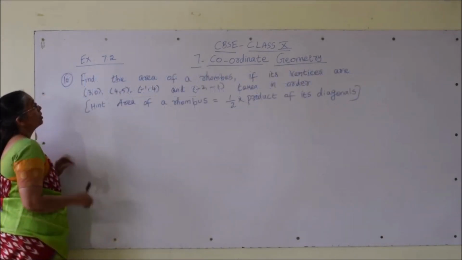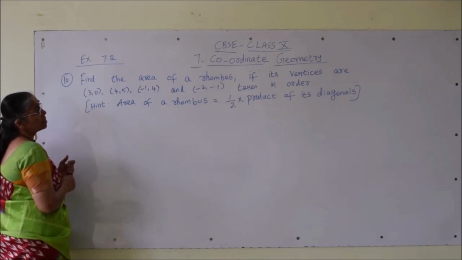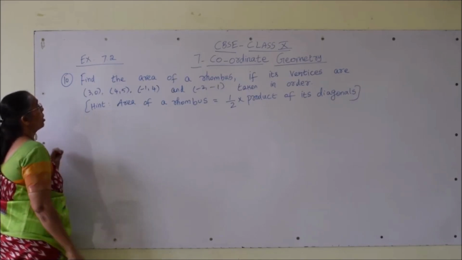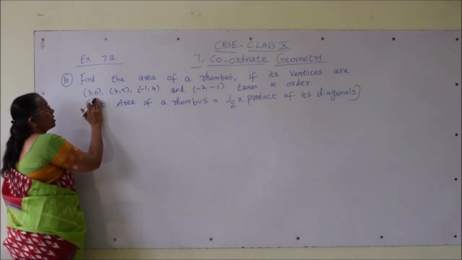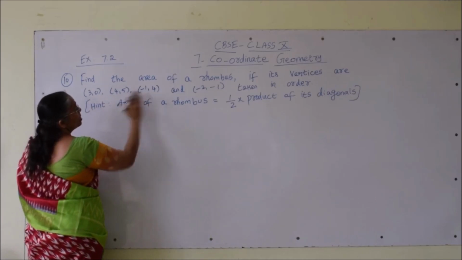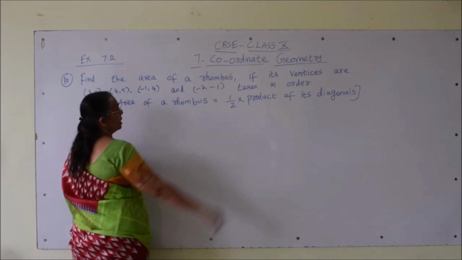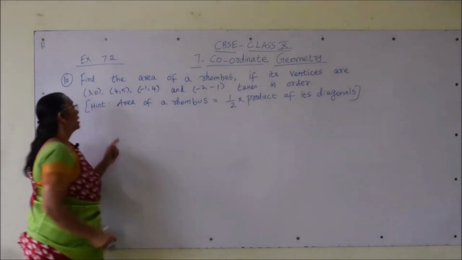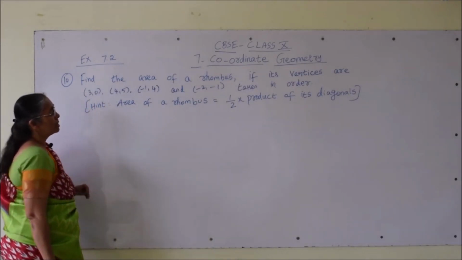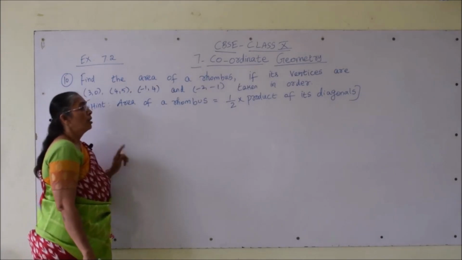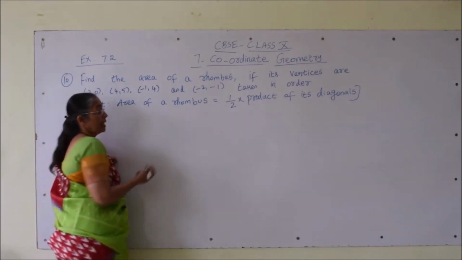10th problem, find the area of a rhombus if its vertices are 3 comma 0, 4 comma 5, minus 1 comma 4 and minus 2 comma minus 1 taken in order, and given the hint that area of a rhombus is half the product of its diagonals.